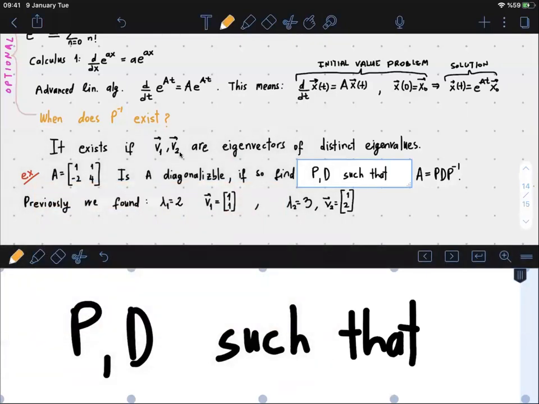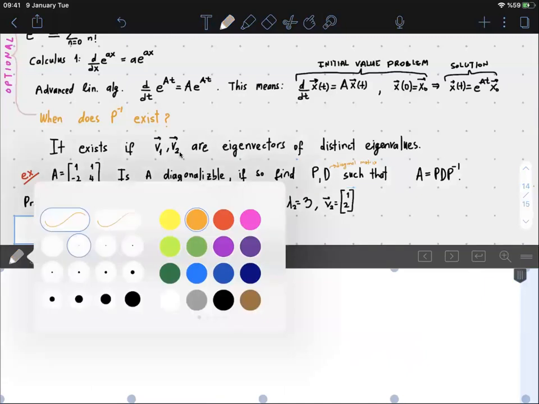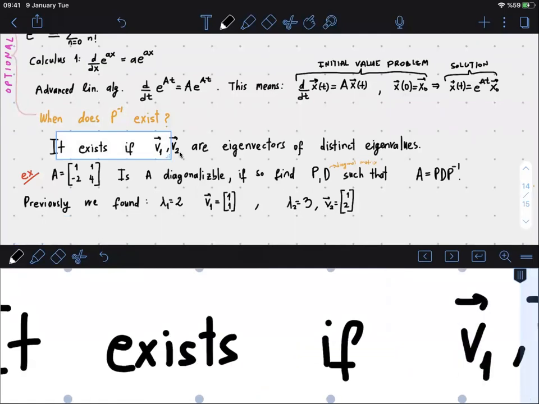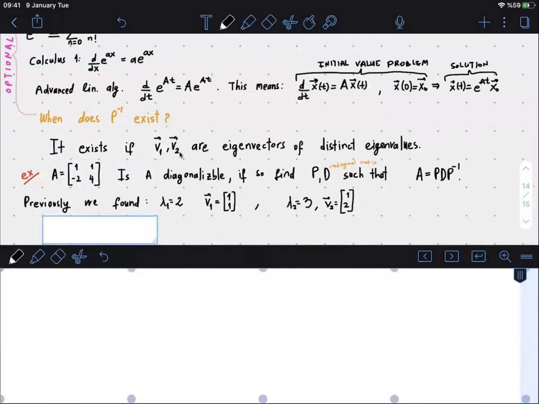In light of the previous discussion, the answer is yes, because there are two eigenvalues, and so we can find an eigenvector for each one.